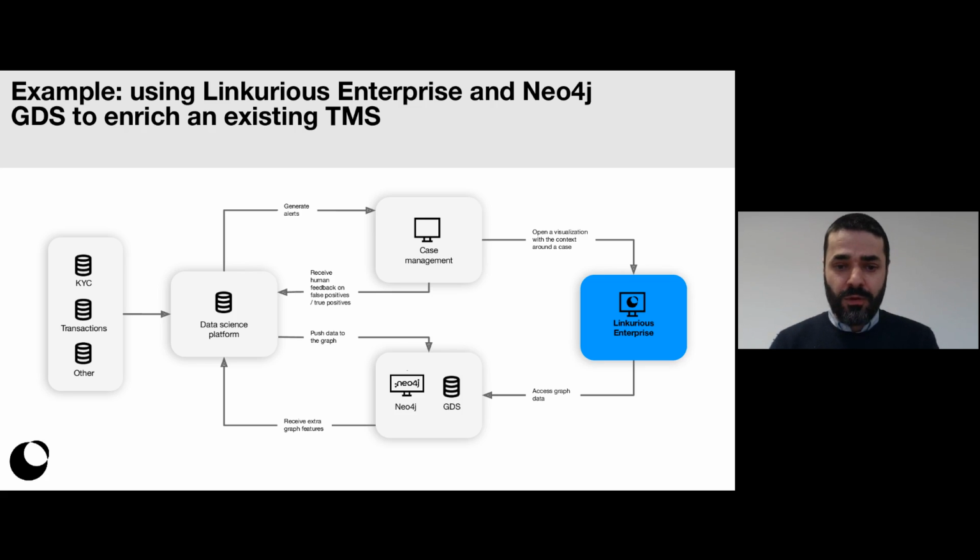Another important aspect of the setup is that Linkurious Enterprise is connected to both the graph database and the case management system via the Linkurious Enterprise API, meaning that for any case that you open within the case management system, you can quickly pivot to Linkurious Enterprise to get a 360-degree view of what's happening, what's the surrounding of the client or of the transaction. So that's one example of deploying Linkurious Enterprise to augment an existing transaction monitoring system.